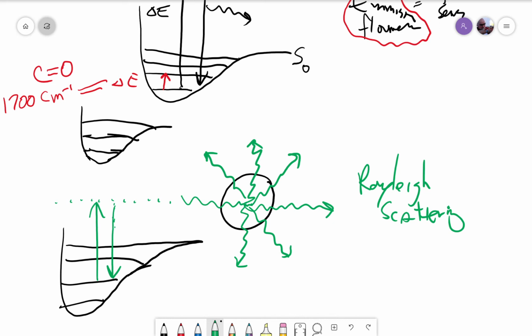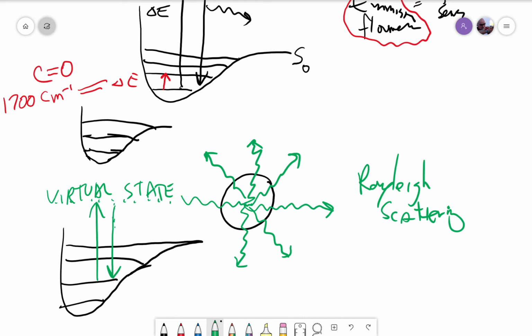But in a sense, that Rayleigh scattering almost looks like the photon was absorbed and went up to some higher energy and then was fluoresced in any direction. Of course, it's not going to any real state. It only goes up to the energy that the photon gave it and then simply falls back down.